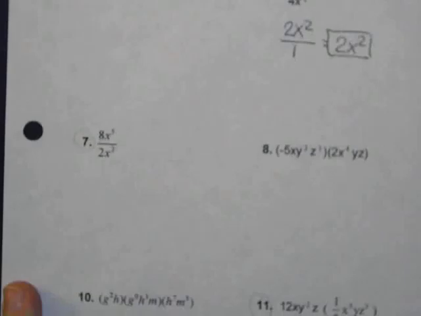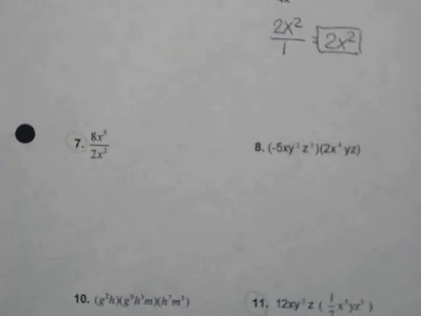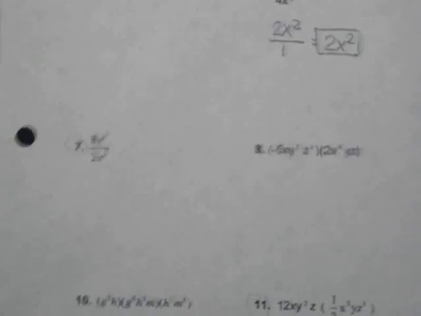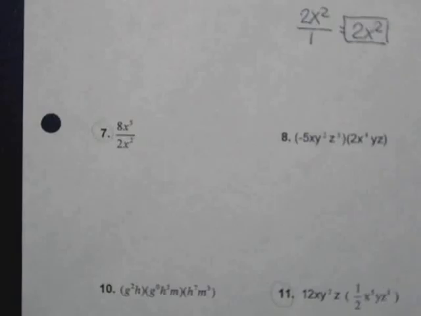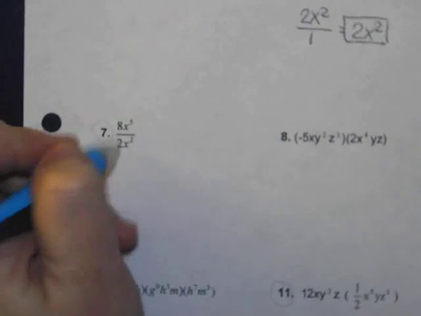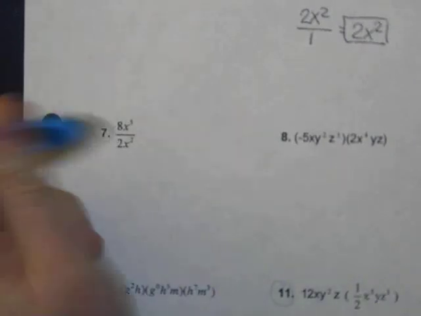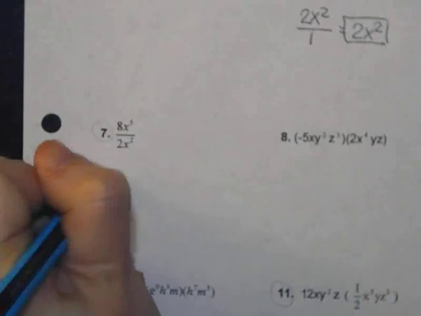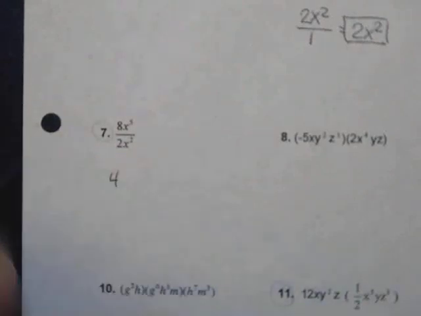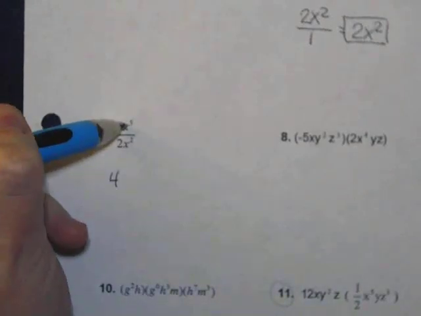Number 7. Number 7 is 8x to the 5th over 2x squared. Zoom in a little bit so y'all can see. 8 and 2 are coefficients, so I'm going to treat them like coefficients would be regularly. 8 divided by 2 is 4. And then I have more x's on top.